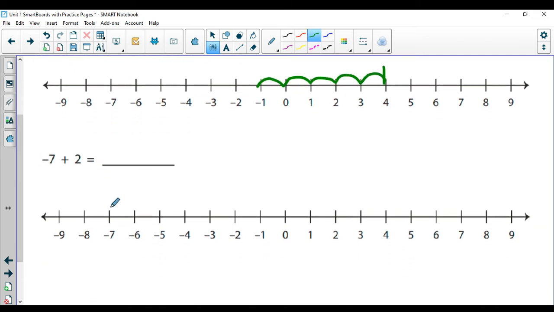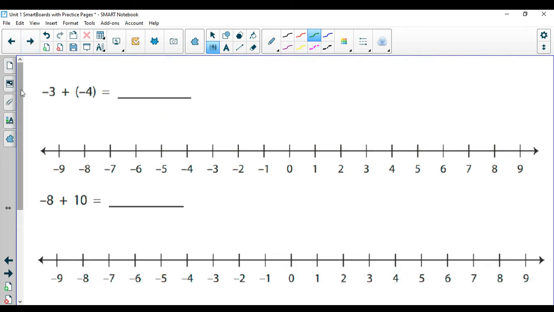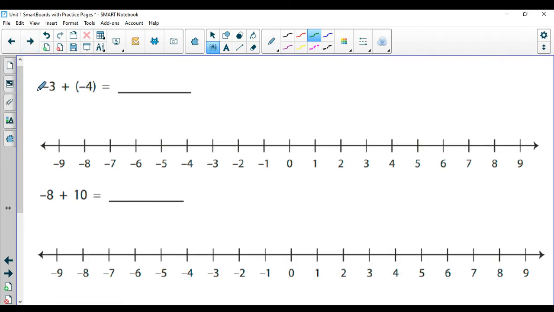Next one, we're going to start at -7, and the plus sign also means "and", and we're going to go 2 units. This is a positive 2, so 2 to the right, and that's going to take us up here to a -5. Our next example is a -3 plus a -4. So we're going to start down here at -3, and we're going to move 4 spots left. 1, 2, 3, 4.